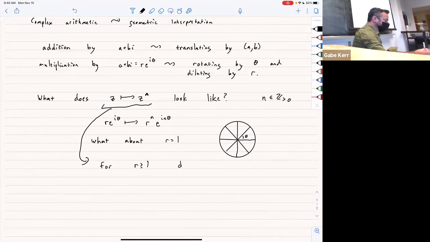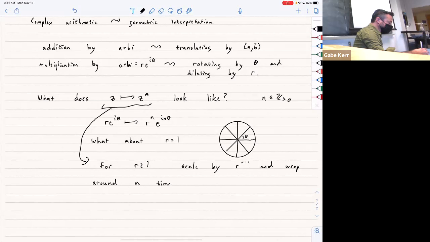So let's just consider: scale by r to the n minus 1, because we've got an r factor in front of it, and wrap around n times. Take the single circle, wrap that circle around n times. That's the picture.